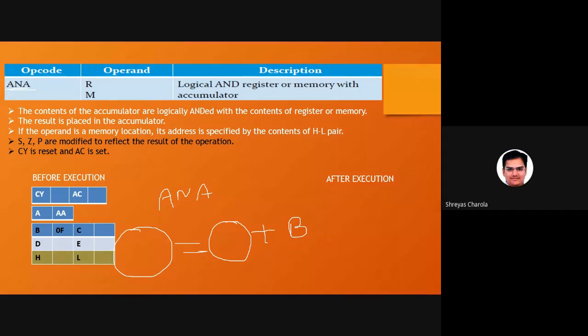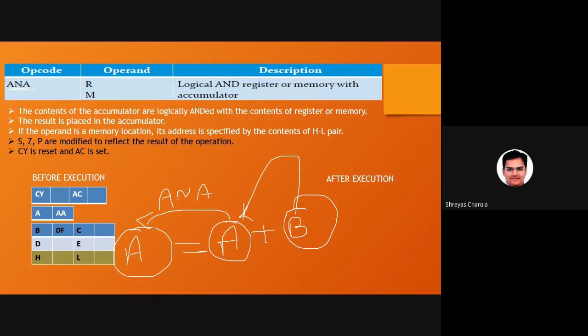I'm talking about 8-bit data only. It will always be the accumulator. A is always responsible for addition. The data will always be added with the accumulator, and the answer will be stored in the accumulator only.